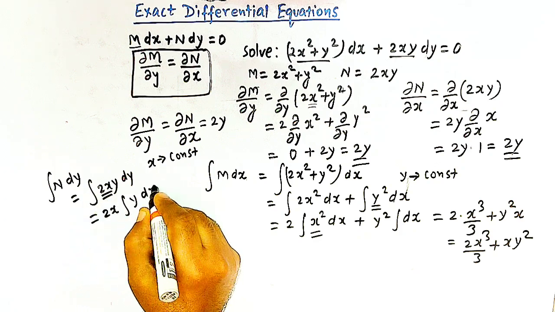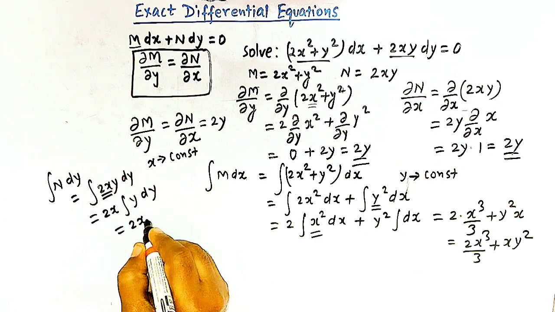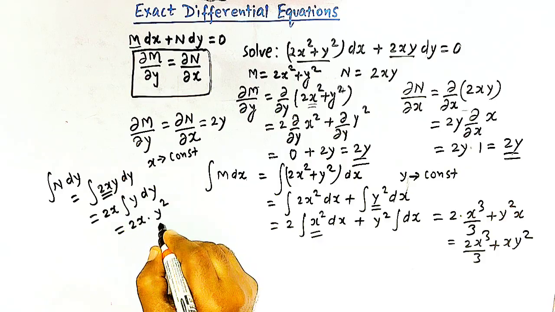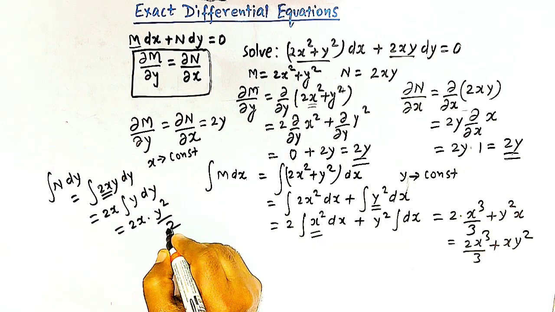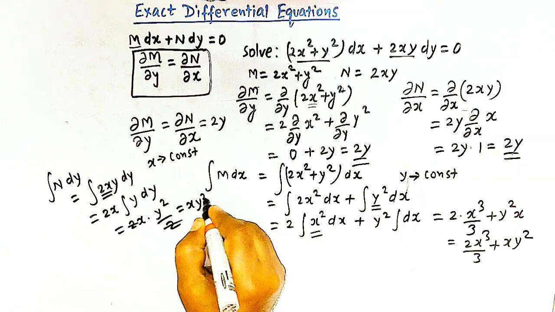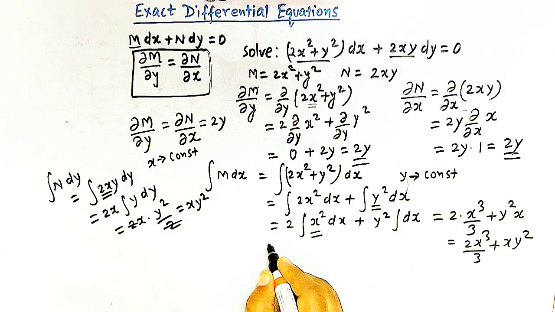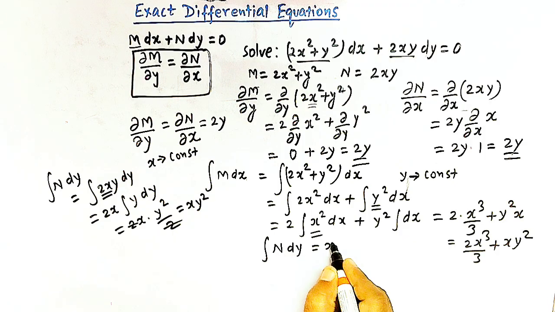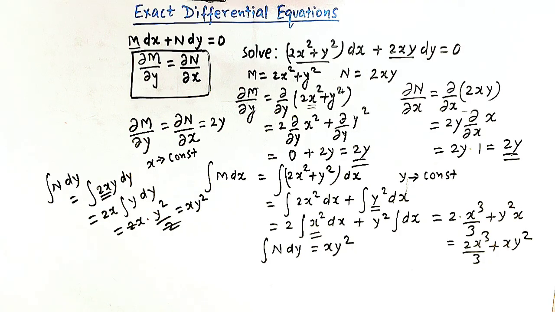We have y dy, and we have 2x, and here we have y square over 2. Now this 2 and this 2 get cancelled, and we have xy square. So the integral n dy is equal to xy square.